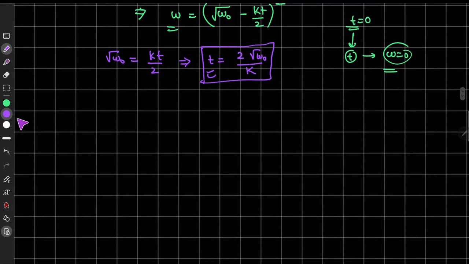Now let us find the mean angular velocity.